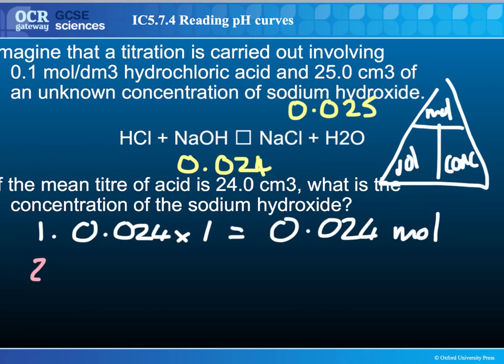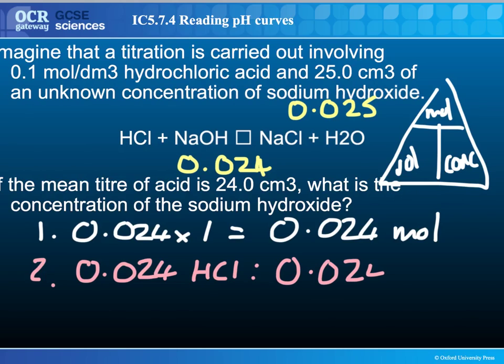Step 2 is to assume that in this case, if you have 1 mole of HCl, then you have 1 mole of sodium hydroxide. So if you have 0.024 moles of HCl, then you have 0.024 moles of sodium hydroxide. That's because in this reaction, it is a 1-to-1 ratio.